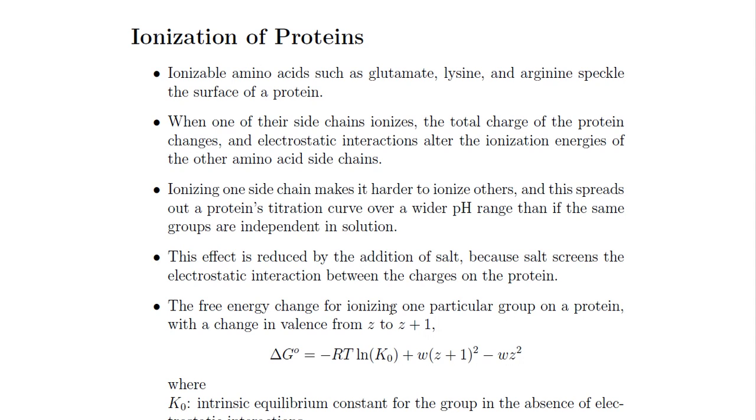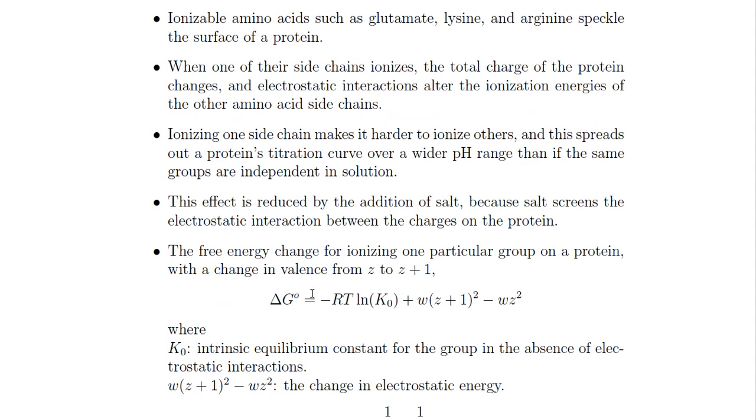So it can also be ionized. So the free energy change for ionizing one particular group on a protein will change in value from Z to Z plus 1.